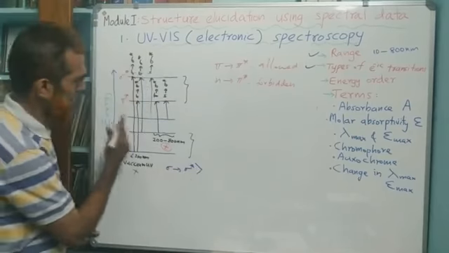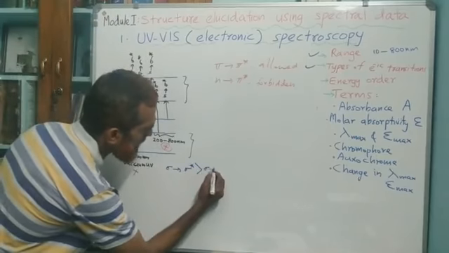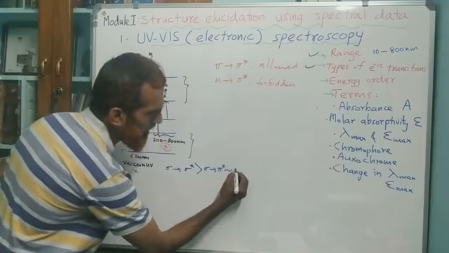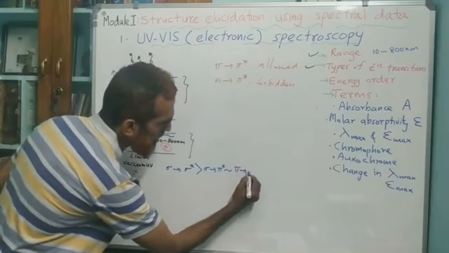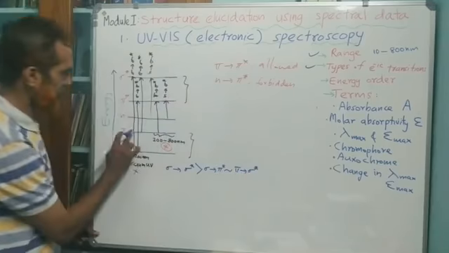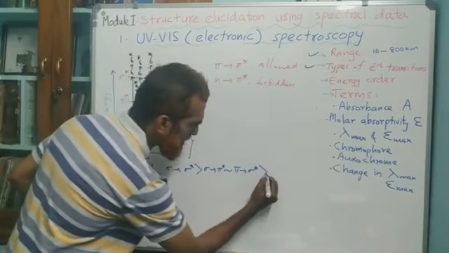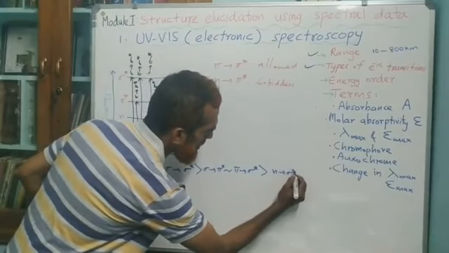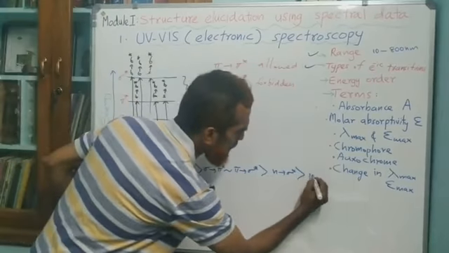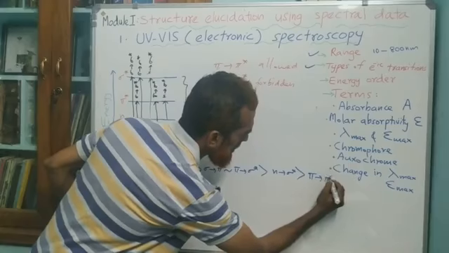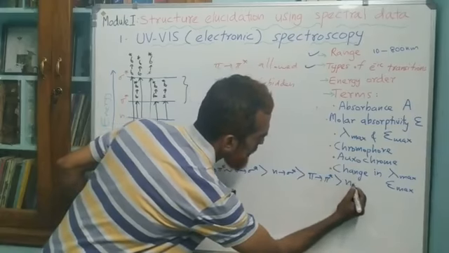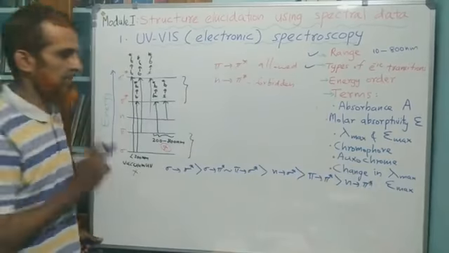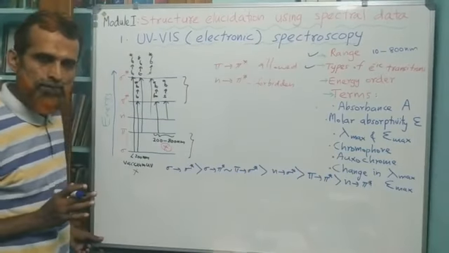Energy decreases to the next, sigma to pi star, which is almost similar to pi to sigma star. These two energies are more or less the same. Energy decreases to the next. Next comes which one? N to sigma star, then pi to pi star, then N to pi star. Okay, this is the energy order of various transitions. This order is important, right?